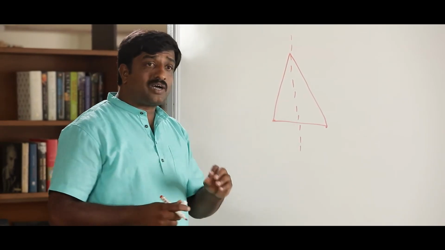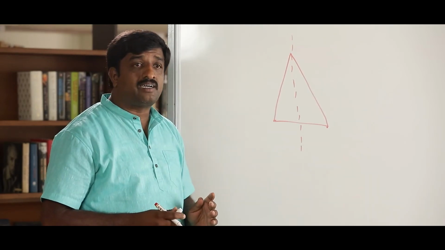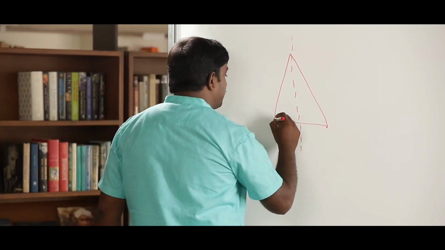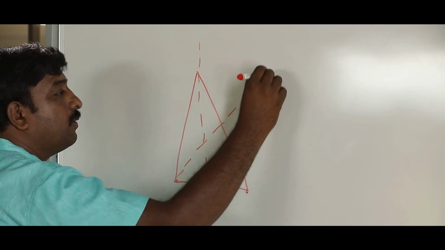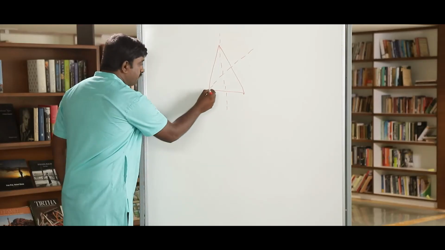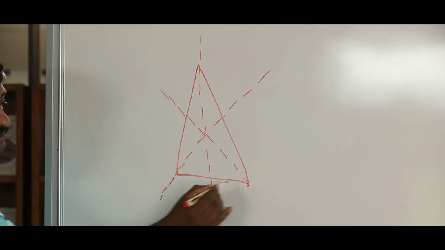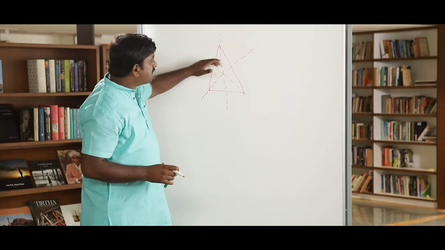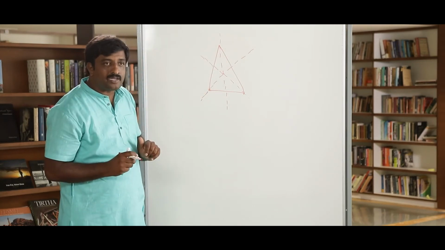Does this mean that every shape has only one axis of symmetry? Let us see that. Now let me divide this triangle from this side. When I draw this line, these two parts of the triangle, do they match?